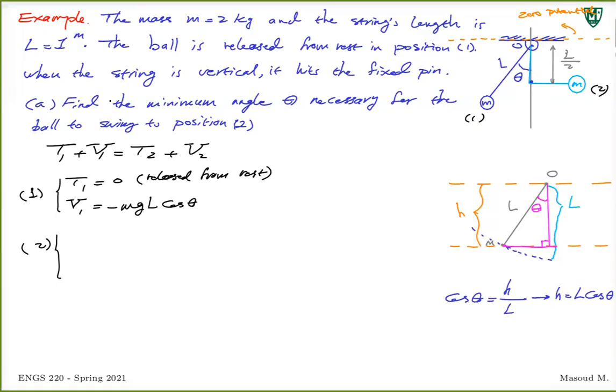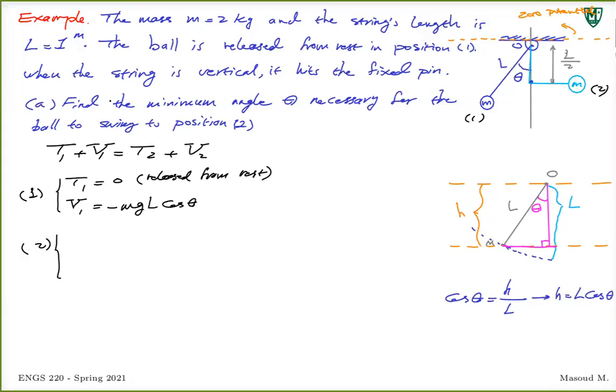That's the key. So that means that my velocity at position 2 will be 0, for the minimum angle theta. Because if I move it further, I'm storing more potential energy. It's converted to kinetic energy and it's taking this ball all the way to position 2 and it's going to pass position 2. So it's going to have some velocity at position 2 because it's passing position 2. But I want the minimum. So this reaches position 2 and it stops there.